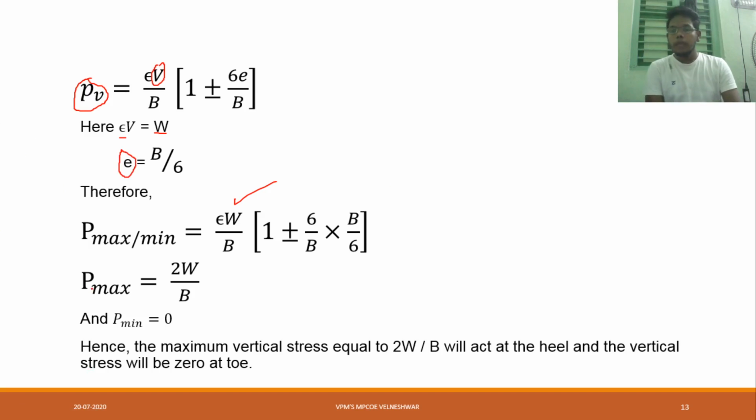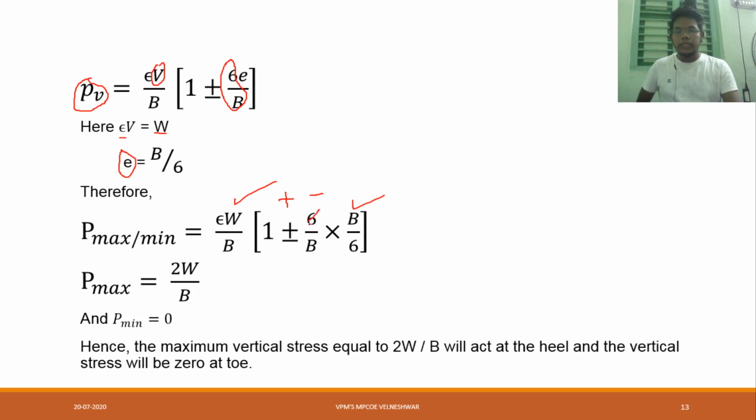Therefore P max or minimum is equal to sigma W divided by B into 1 plus or minus 6E by B. This value as it is, and instead of E I am providing B divided by 6. For P maximum we have to take plus, and for P minimum we have to take minus.